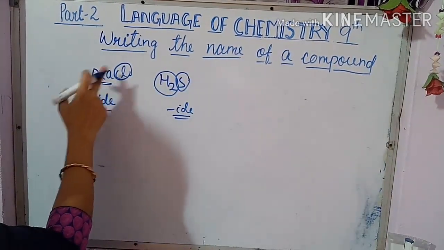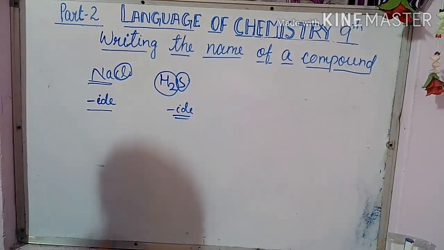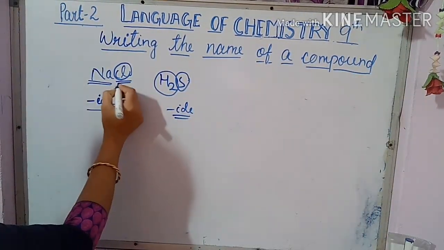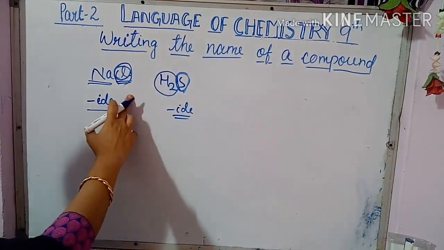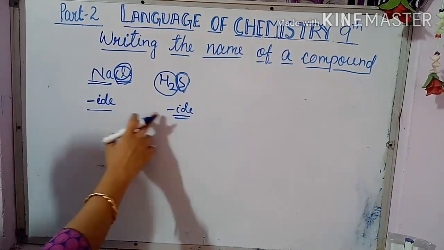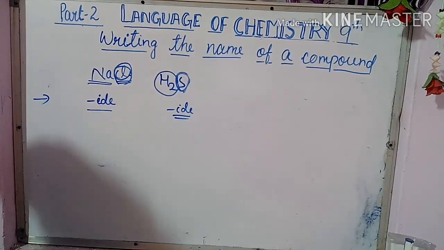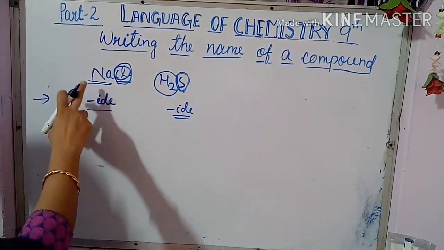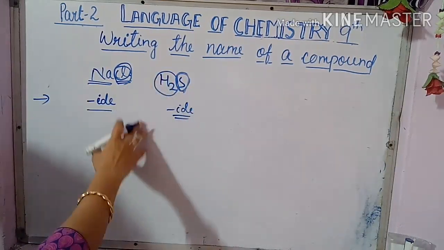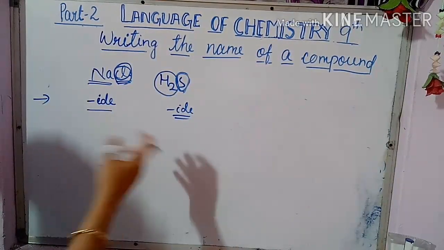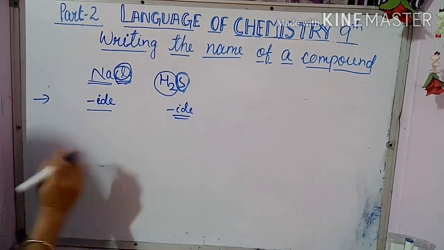Here it is a metal and non-metal, but here it is a non-metal and non-metal. But in the second case, if the electronegative element is a single atom, then the suffix is IDE. You have to remember this. If a compound is formed by the combination between a metal and non-metal, or two non-metals, then the suffix is IDE. Now children, you have to remember one thing here.